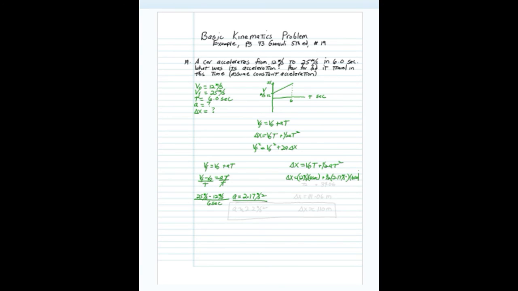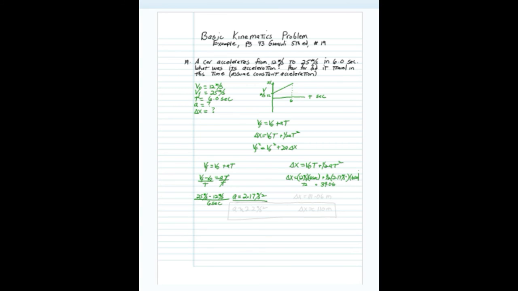All right, so I'm going to break this into two steps just for this first one. 12 times 6 is 72. That goes here. And 1/2 times 2.17 times 6 squared gives me 39.06.